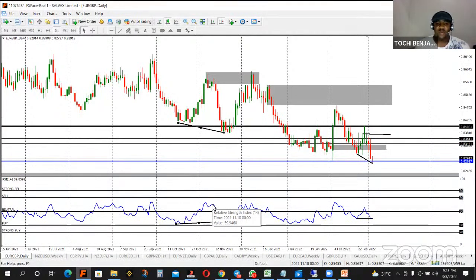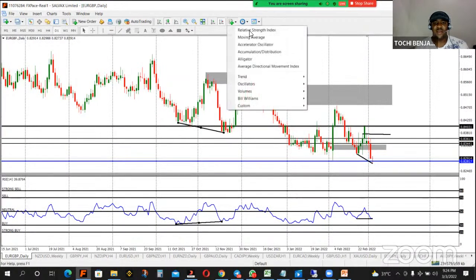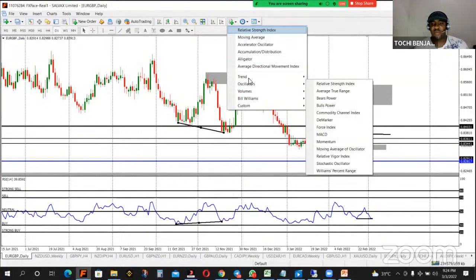Okay, if you are using the chart, let's go to our oscillator. I'll click on indicator, go to oscillator, and look for MACD. This is MACD.